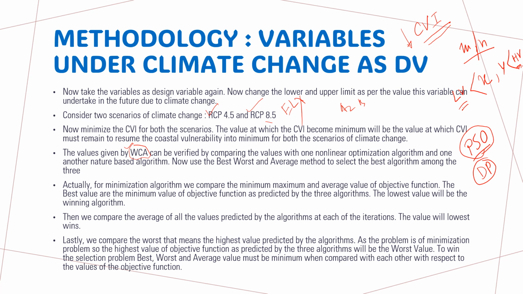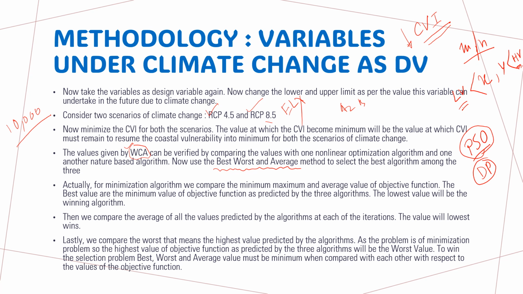And in the present case, how did I select the best algorithm among these three? I have used the best, worst, and average method. Look, this is an iterative process. Say, for example, you are using 10,000 iterations to get the optimal value of CVI and the corresponding values of the parameters.